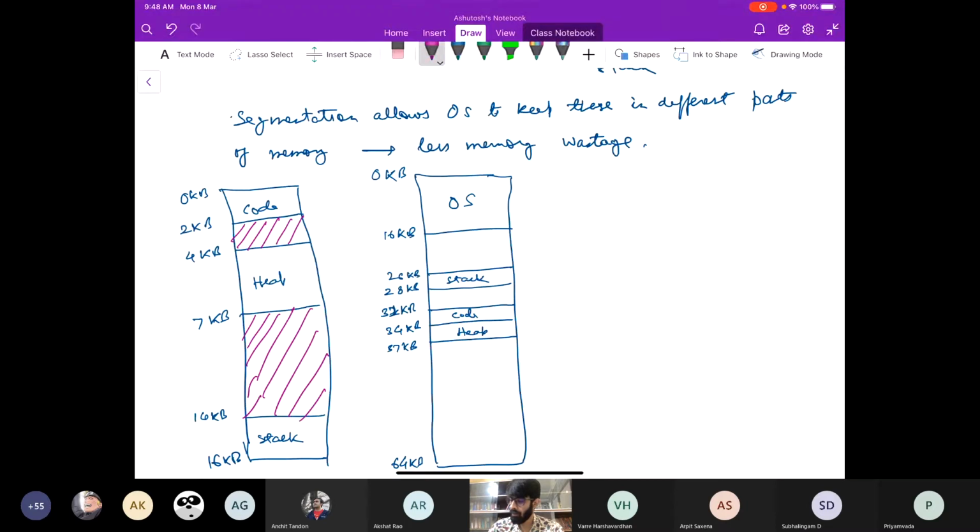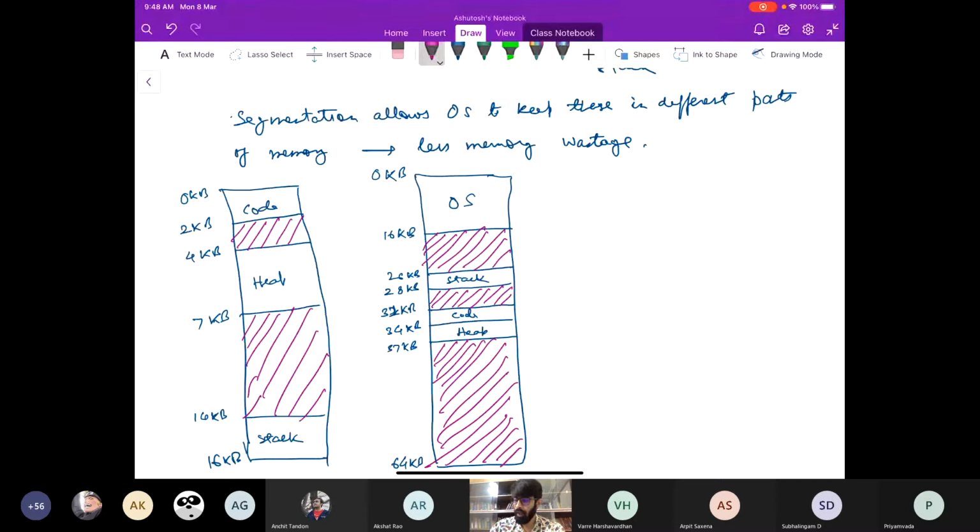And now this space is free. So this is how the OS might now put the code, heap and stack in the memory.